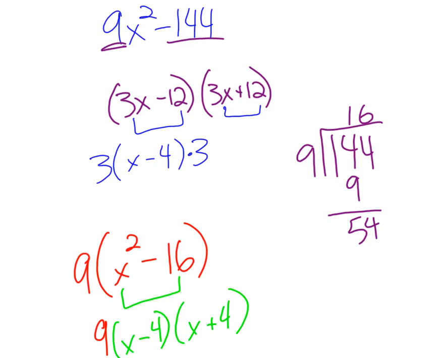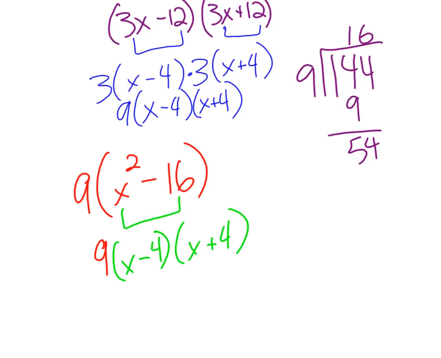So times x plus 4. And then could we multiply our constants together? 3 times 3 is 9 times x minus 4, x plus 4. So in all reality, 9 times x plus 4, x minus 4 is your best answer.